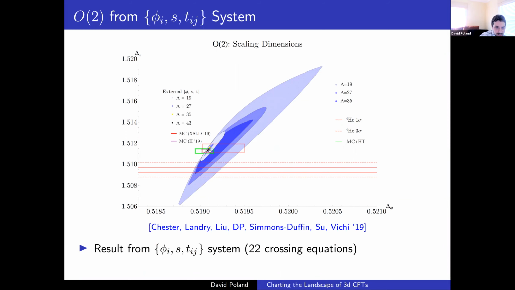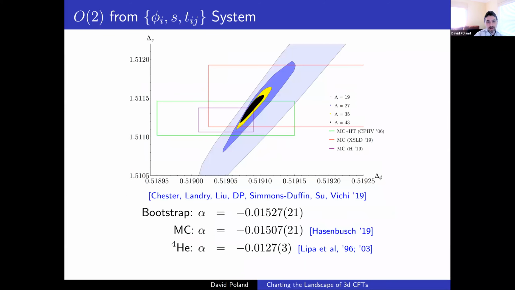And so you can see this small black region is now the best bootstrap determination coming from studying a system of 22 crossing relations, and that can be compared with the most recent Monte Carlo simulations. Here's a zoom in. You can see that there's actually spectacular agreement between the best bootstrap island and the latest Monte Carlo computations done by Heisenberg.